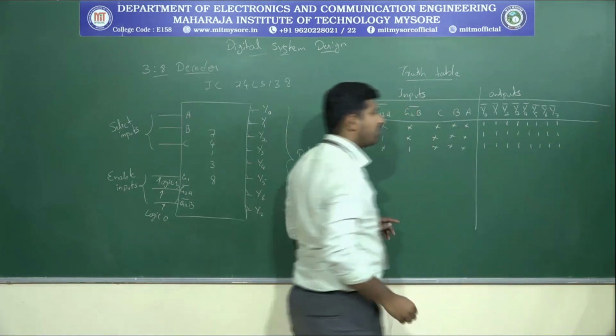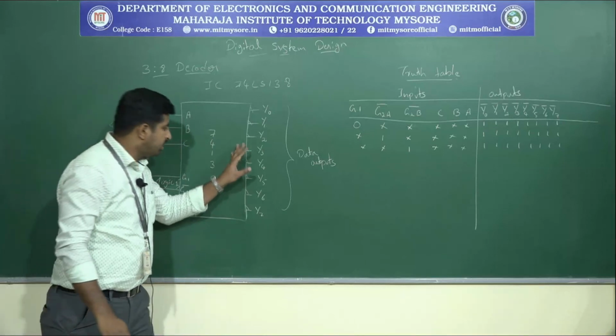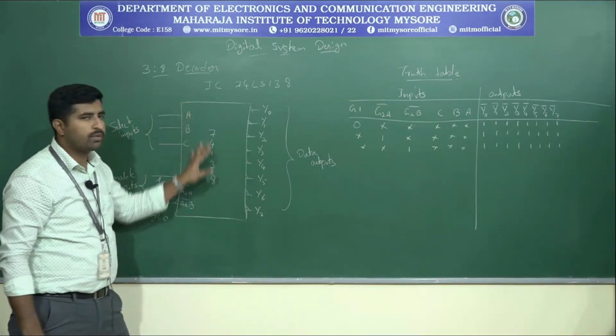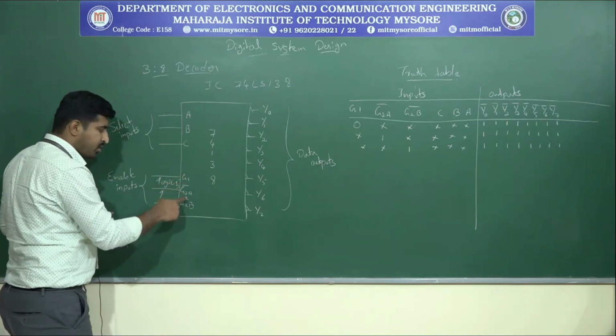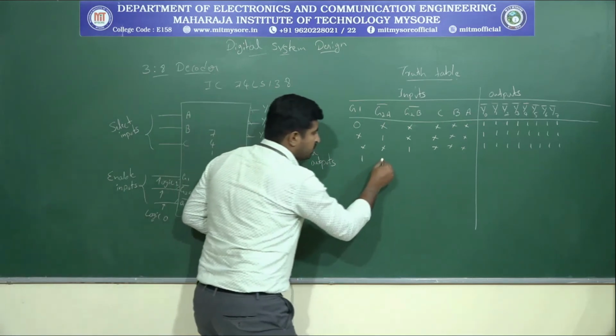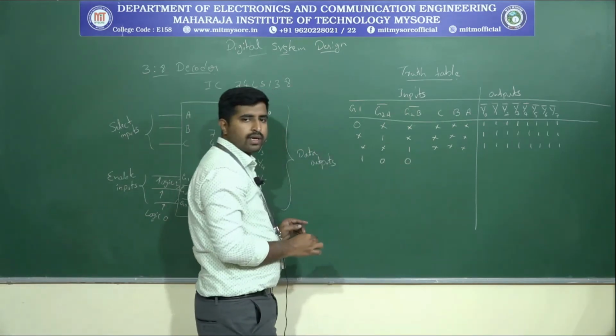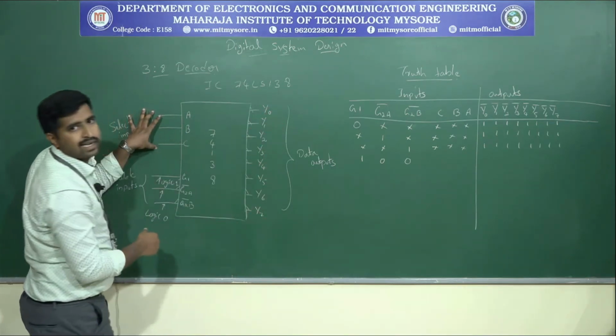So we always get the output as logic 1. For this 3:8 decoder to operate properly, G1 should be 1, and G2A and G2B should be logic 0. So for the combination 1, 0, 0, according to the inputs, any one of the outputs will be selected.